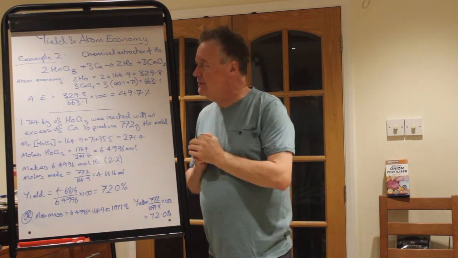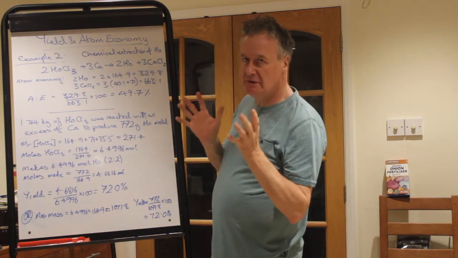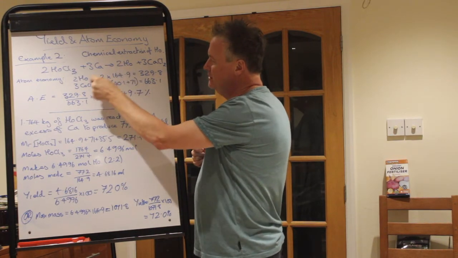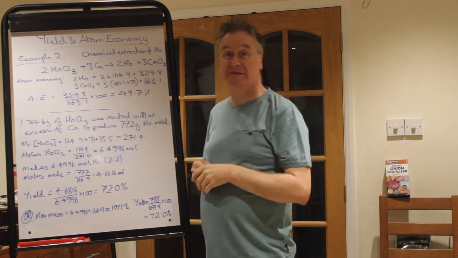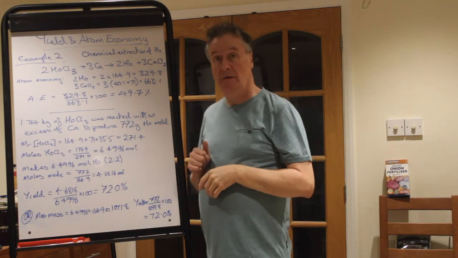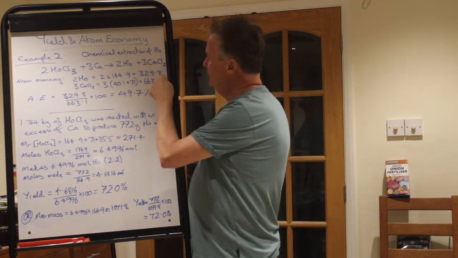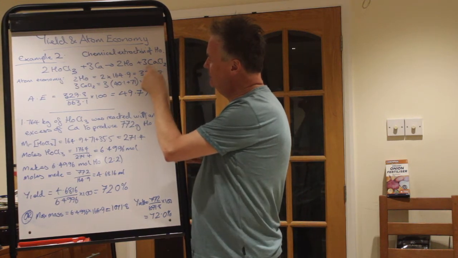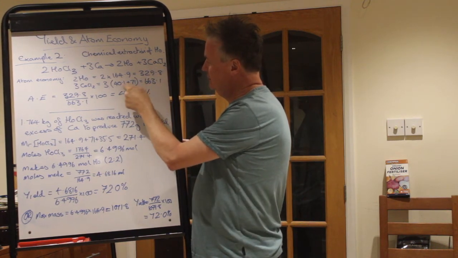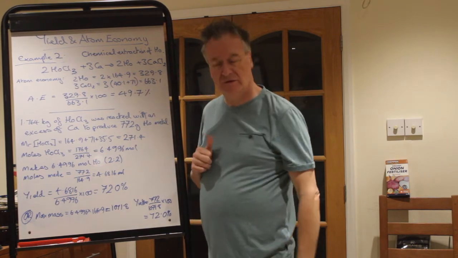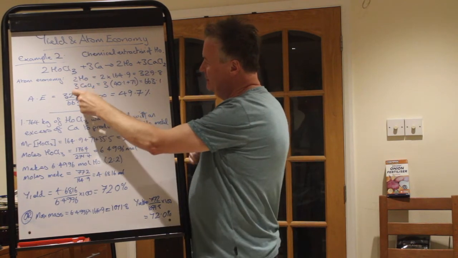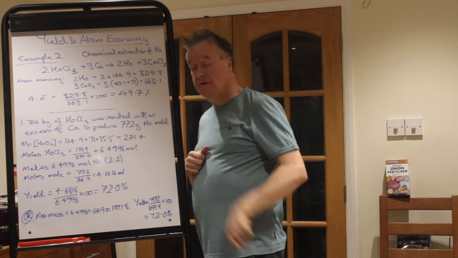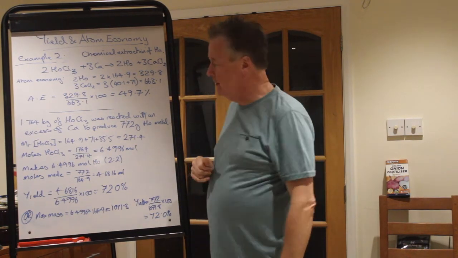The atom economy, based purely upon the equation, like we've been saying: we want 2 times holmium's formula mass of 164.9, so we get 329.8, and the calcium chloride times 3 is 663.1. So the atom economy comes out as 49.7% by virtue of these calculations we've been doing.